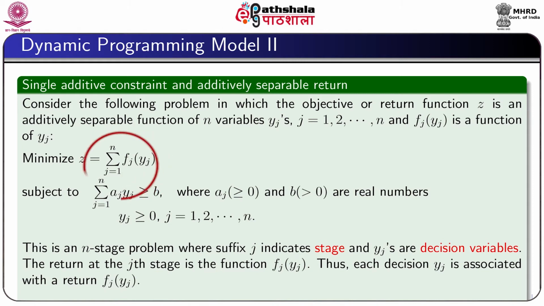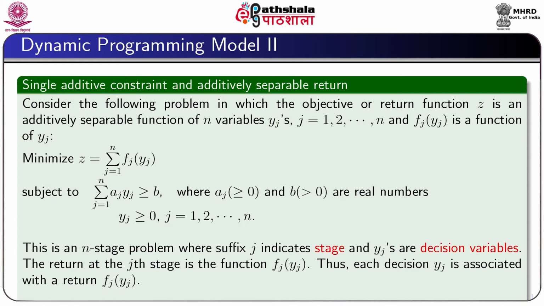Minimize z equal to summation fj(yj), where j varies from 1 up to n, subject to the constraint summation j equal to 1 to n of aj yj, which is greater than or equal to b. Here aj and b are real numbers, where aj is greater than or equal to 0, yj is greater than or equal to 0, and b is also greater than 0.